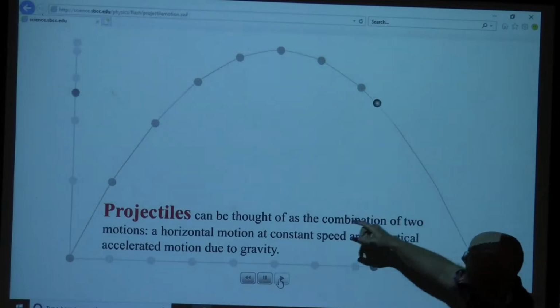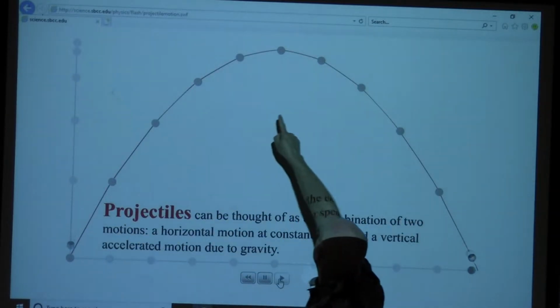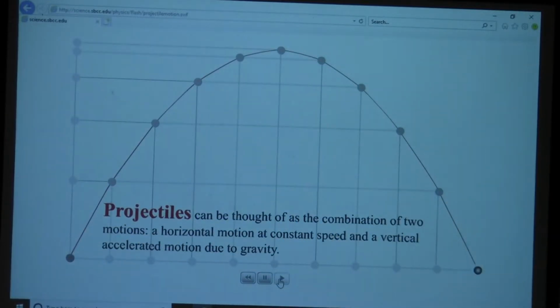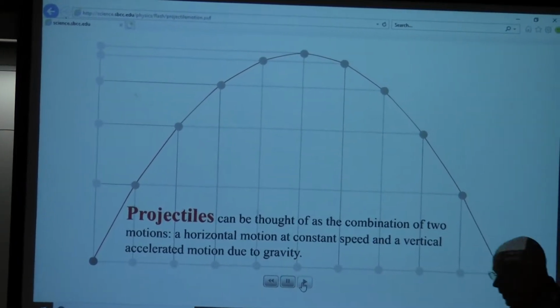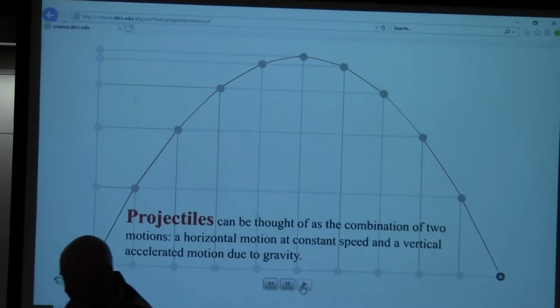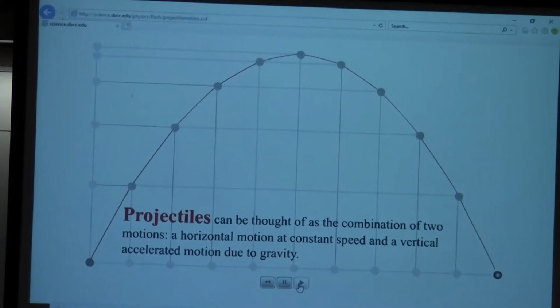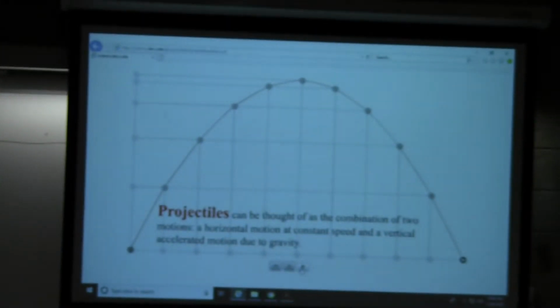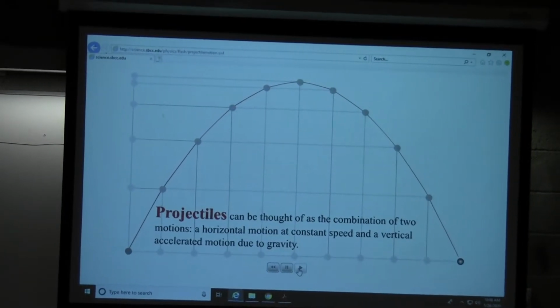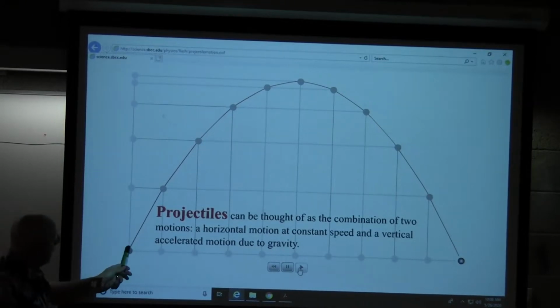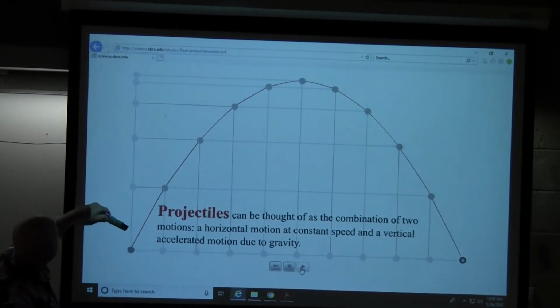That is, this red line here is an object that is being tossed, if you will, across the room. It's given an upward and a horizontal velocity. And to illustrate that our components are separate, we put an object with the same vertical, just went straight up to its top and then came down.